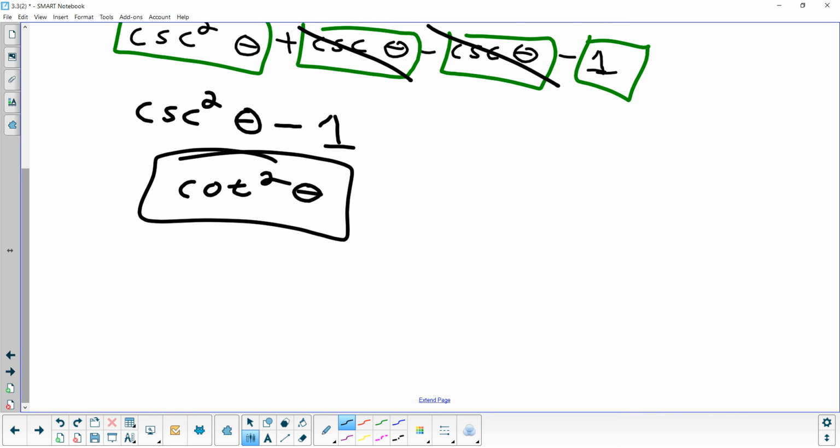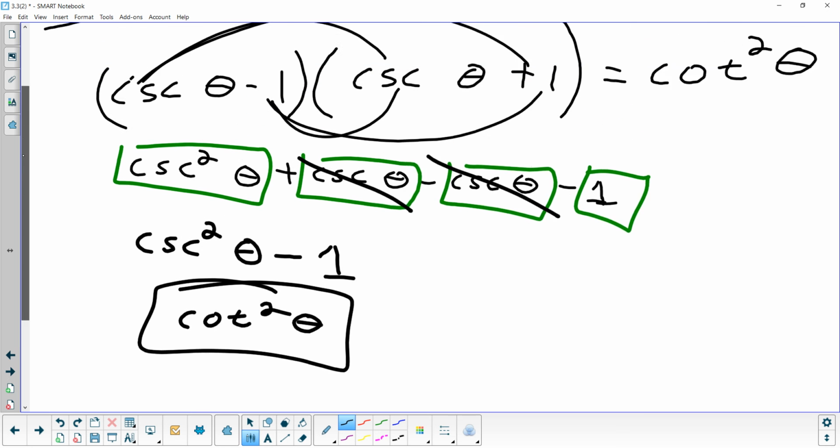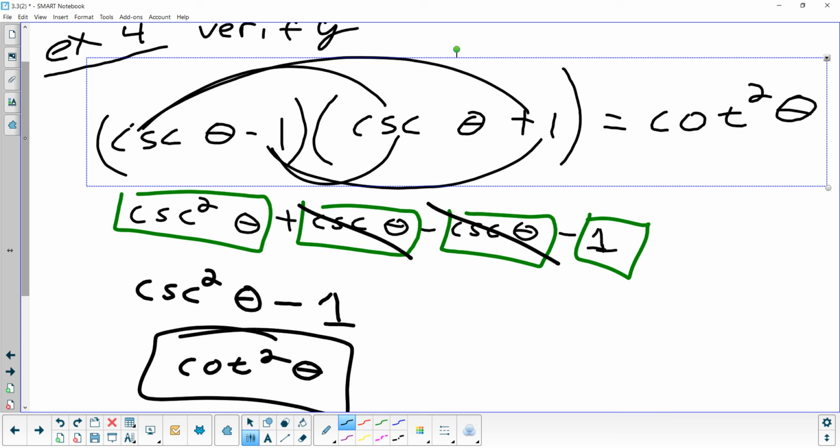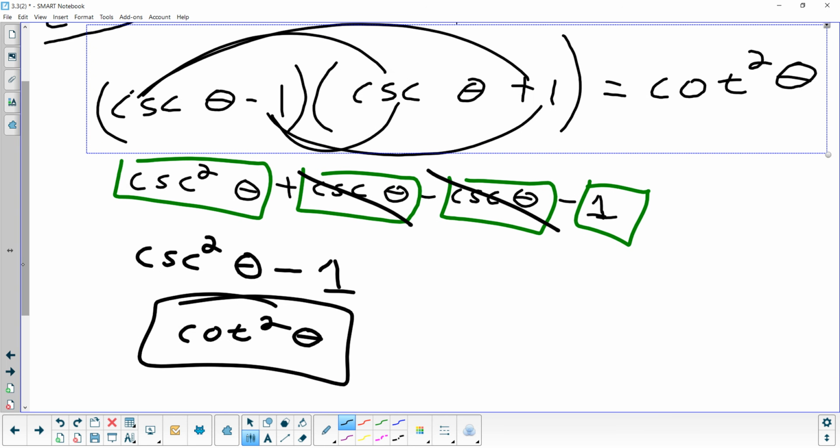Now, at this point, there's nothing else to do. I just have a single trig function. So if that's not the answer, then I don't know what else to try. Let's go back up. That's exactly what they wanted us to get. So by foiling out the conjugates, we really finished that problem in 2 steps. Changing to sines and cosines, this would get really bad. Doable, but it would be a lot worse.